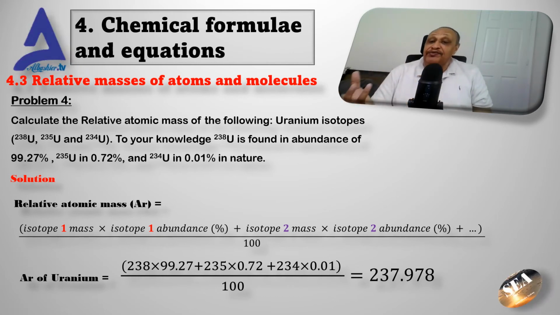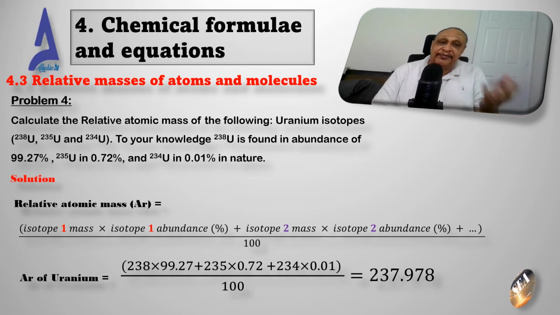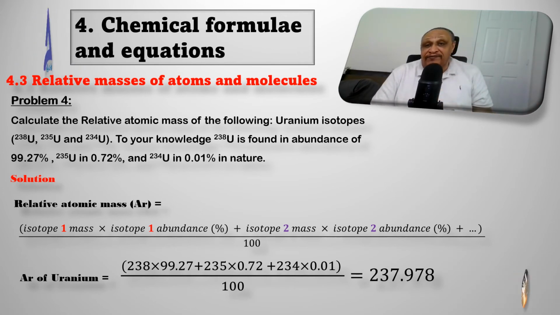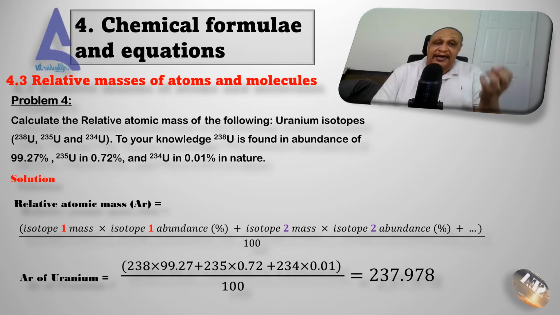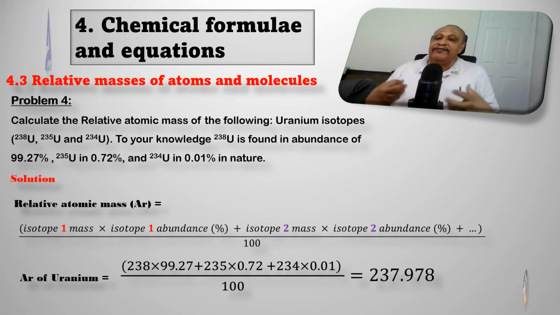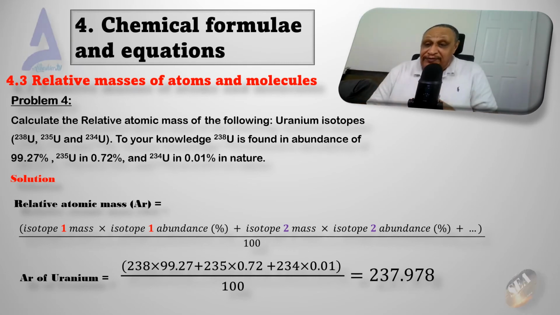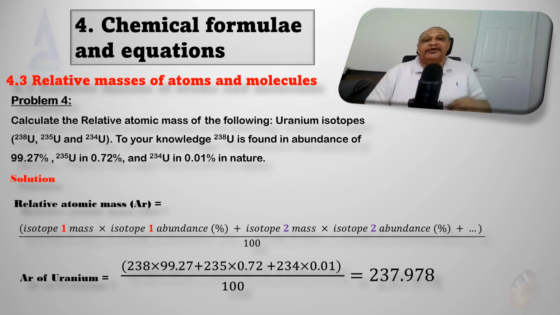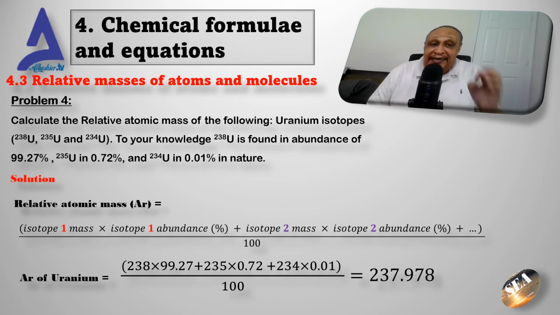We have three uranium isotopes: uranium 234, 235 and 238. So we have three types, and they have different contributions. And actually, here we have an extreme contribution of uranium 238.